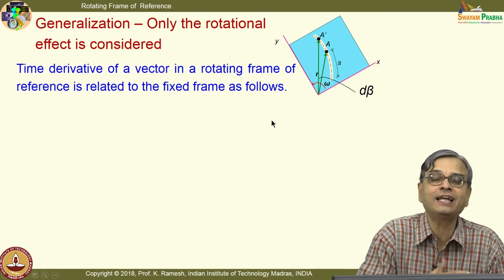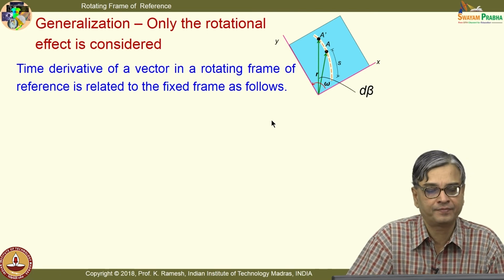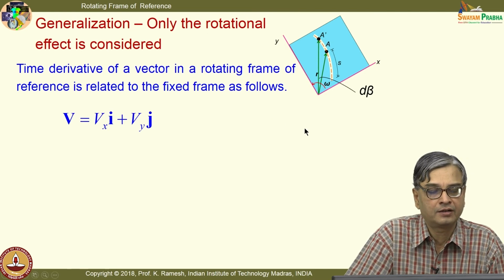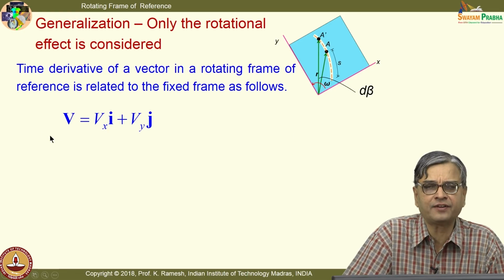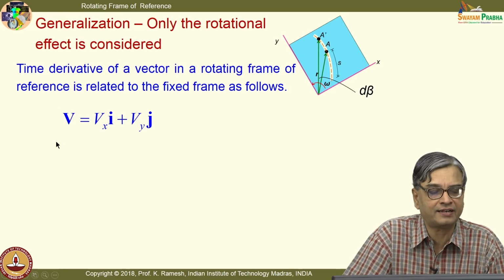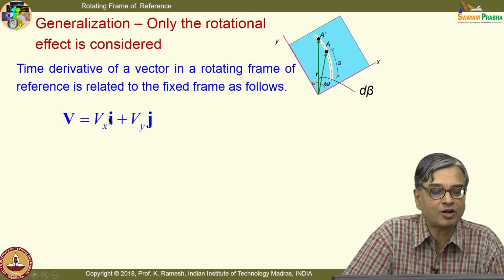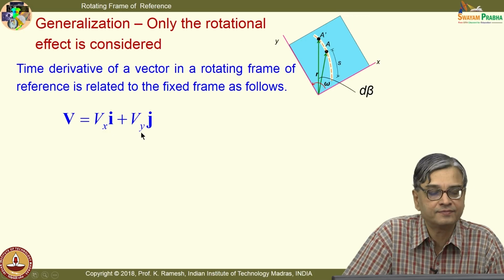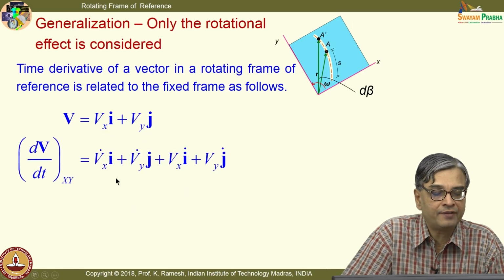So, we are writing it in a very generic fashion. I have any vector V, it is not necessarily the velocity vector, that is why it is put with a capital B. It can have components Vx and Vy, Vx i plus Vy j, and when you differentiate it, you get it like this.